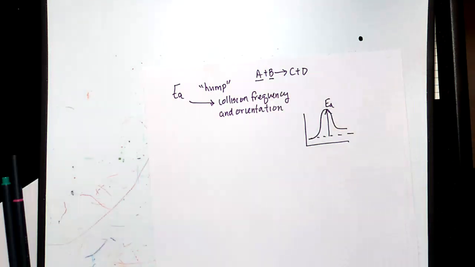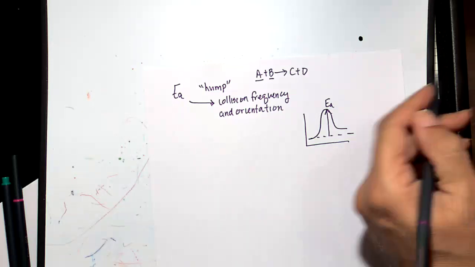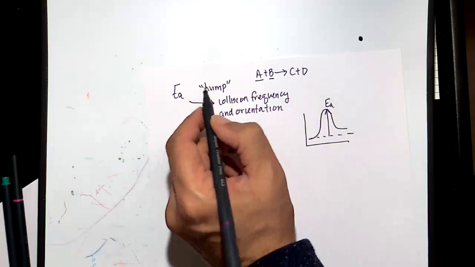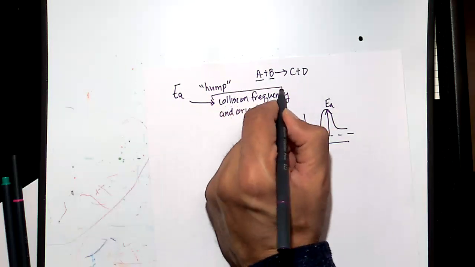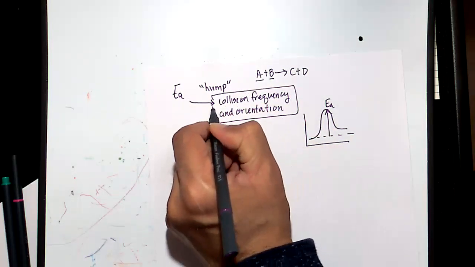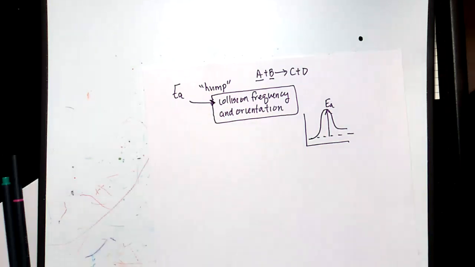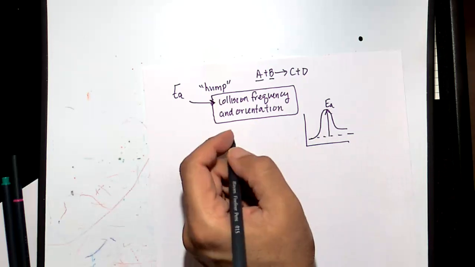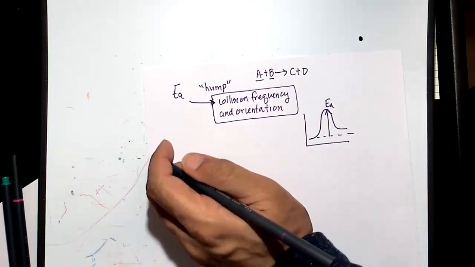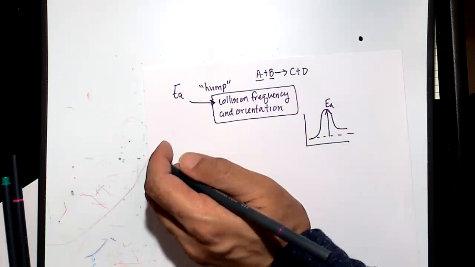To get A in the right orientation, to get B in the right orientation, for them to hit with enough force to give you C and D, all of that factors into your activation energy. It's that energy that must be overcome, and for that you need the right orientation and the right frequency.